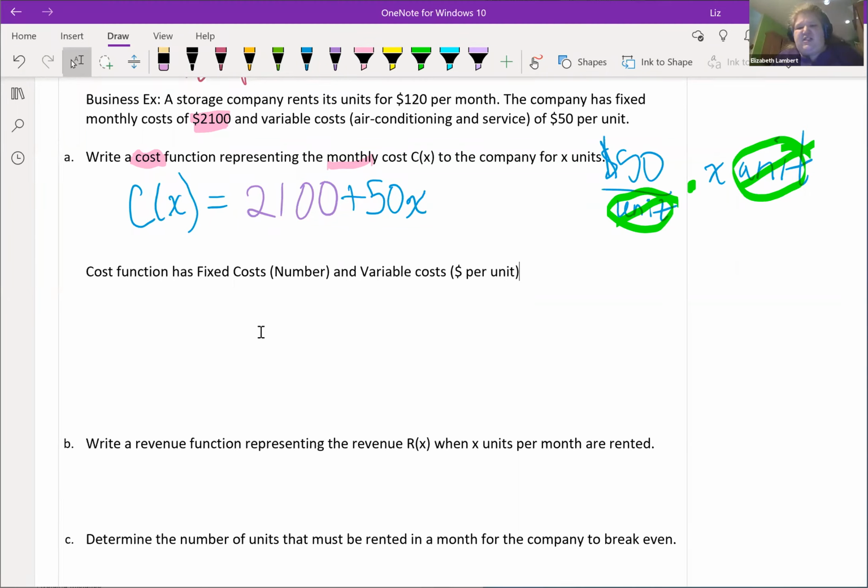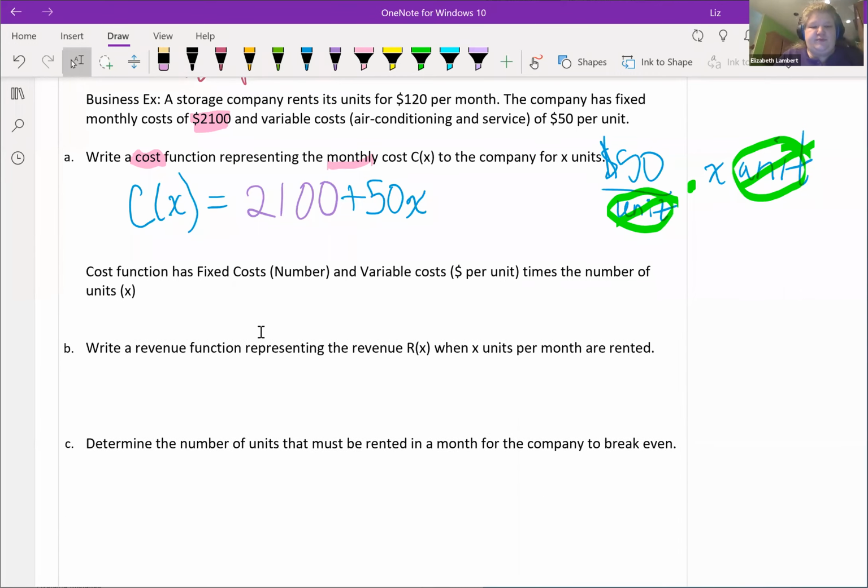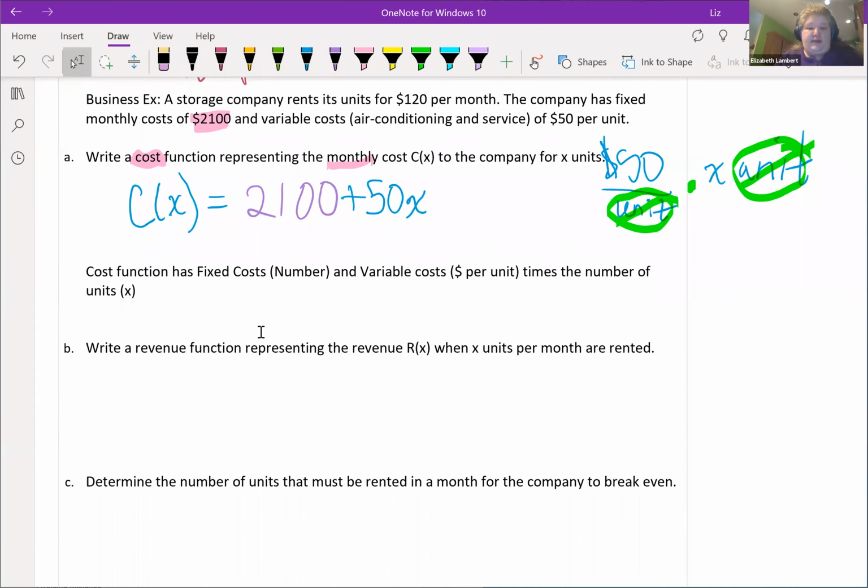In this case, 50 is supposed to include that, that's what services means here. So there's your variable cost, which is a per unit amount times the number of units, which is typically X.